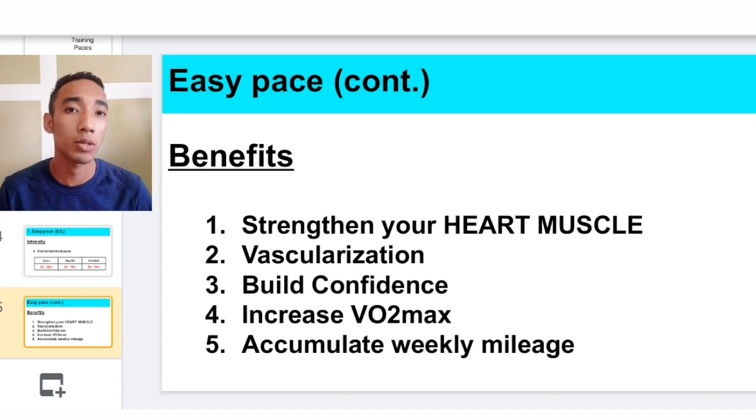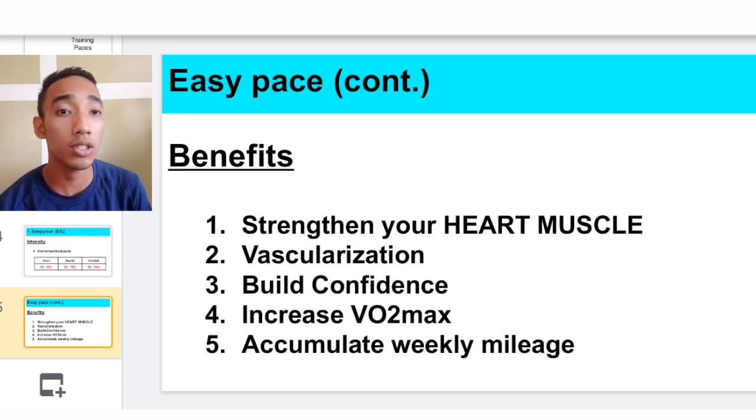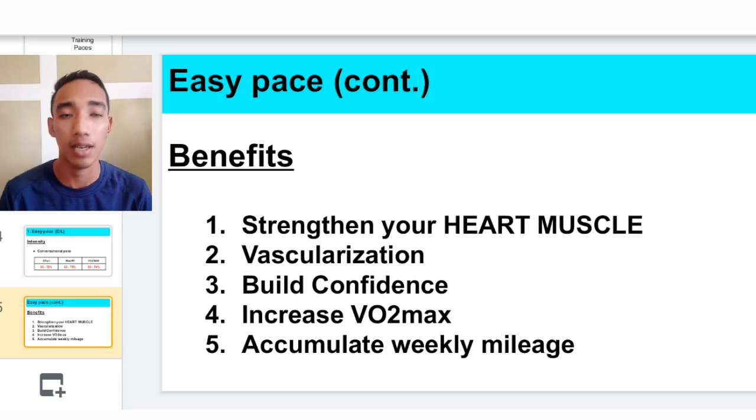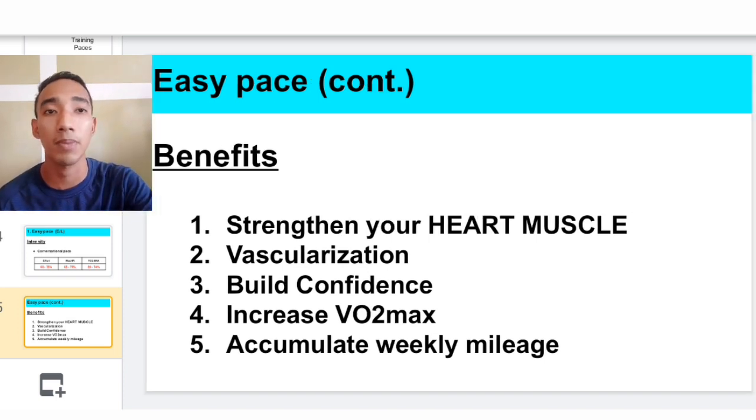Of course, that will increase the size and number of mitochondria. It also builds the confidence to run longer distances. And kay mo matter na sa imong heart ang kaning type of training, it increases your VO2 max. And it is also used to accumulate your weekly mileage. Mao siya gamit sa easy pace guys.